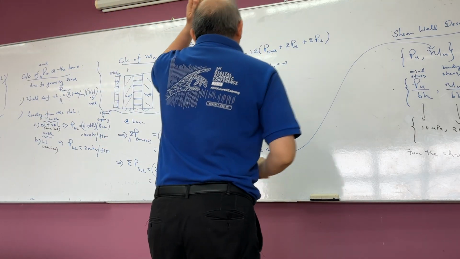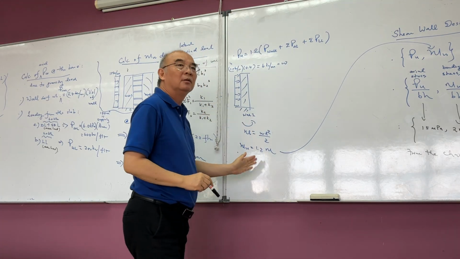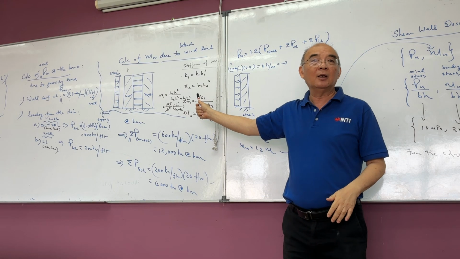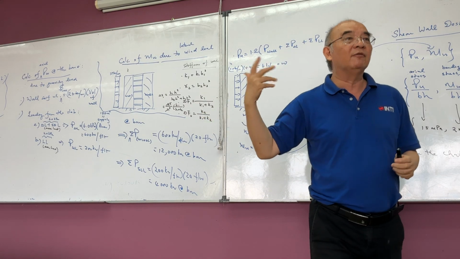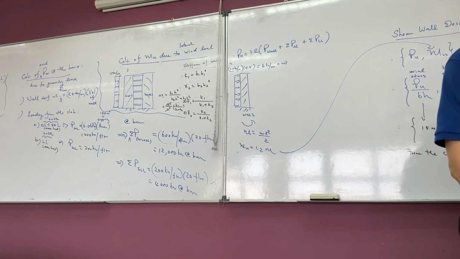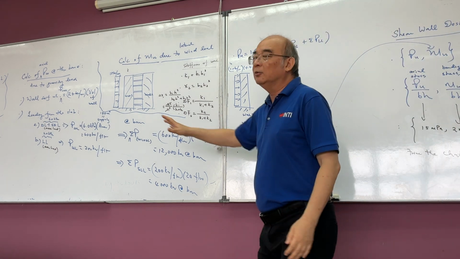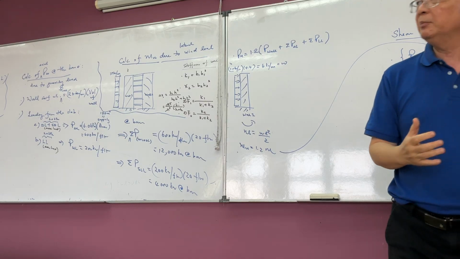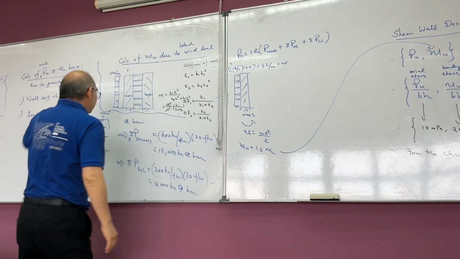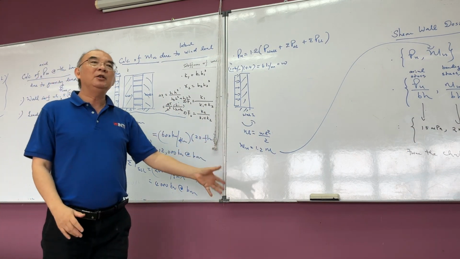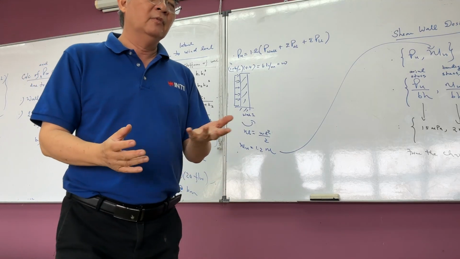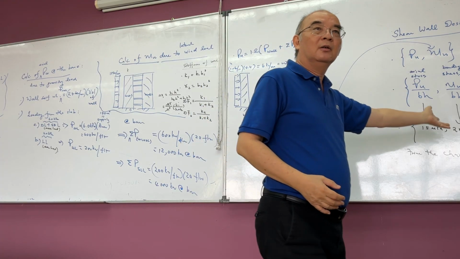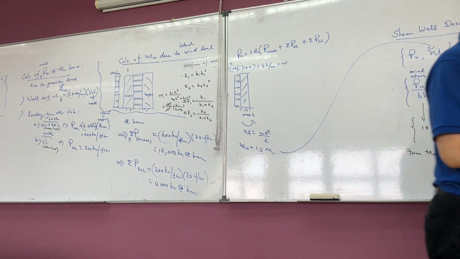Once you get this one, I think this part is a little bit difficult, because you haven't done enough of it. But for this problem, try to get as many marks as you can. That means, let's say you finish this portion here, maybe you get 50% of the marks, and so forth. Understand what I'm saying?